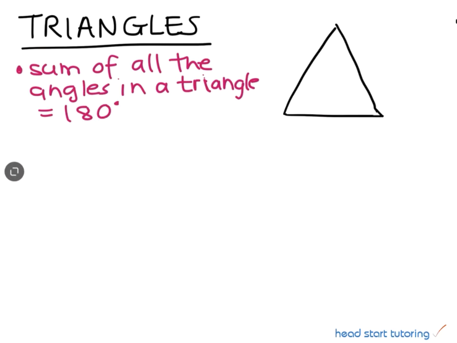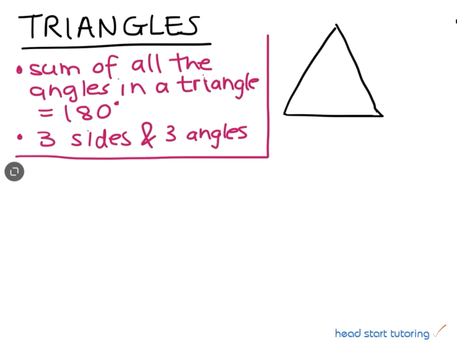So the sum of all the angles in a triangle is equal to 180 degrees, and all triangles will have three sides and three angles. So that is for all triangles.